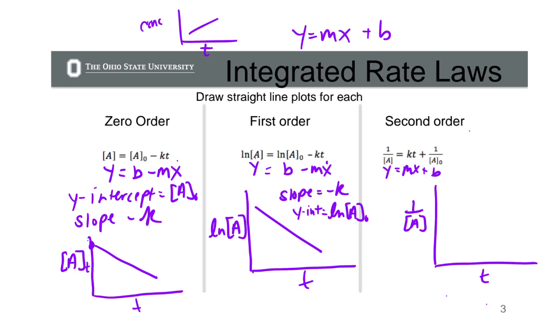And the intercept is 1 over the initial concentration. So if you think about taking 1 over some number, what's that going to look like? It's going to make that number look smaller. And then positive slope here.